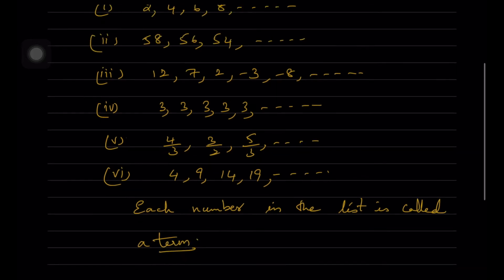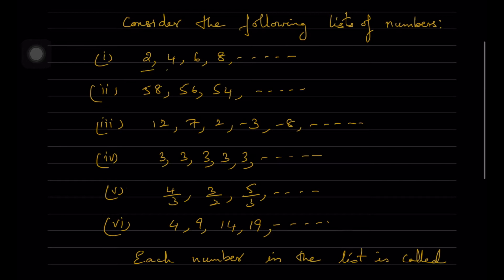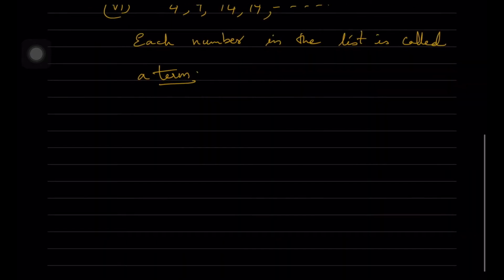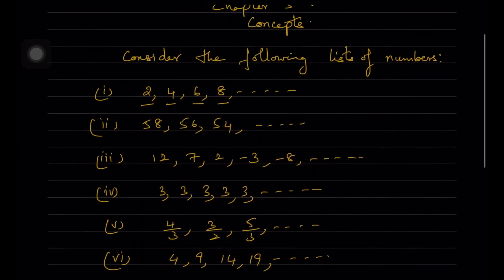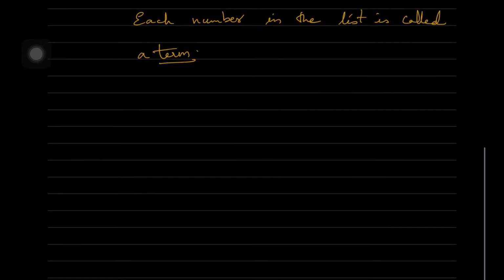This will become the first term, this will become the second, third, fourth term, and so on. Each and every element or every number in the list is called a term.